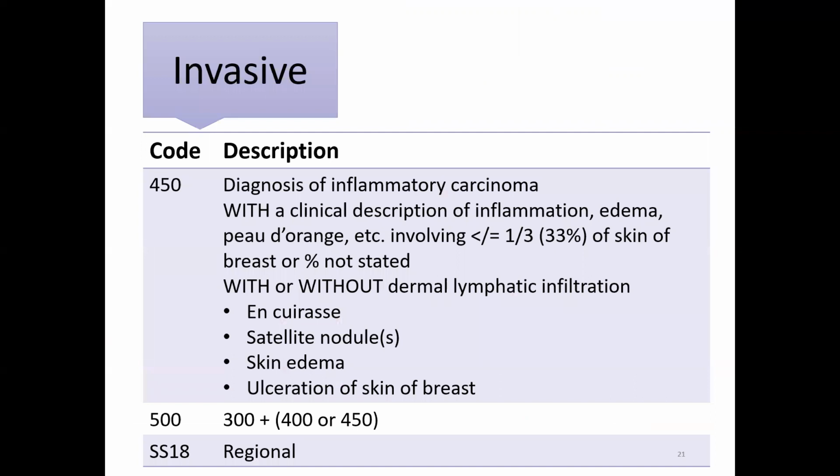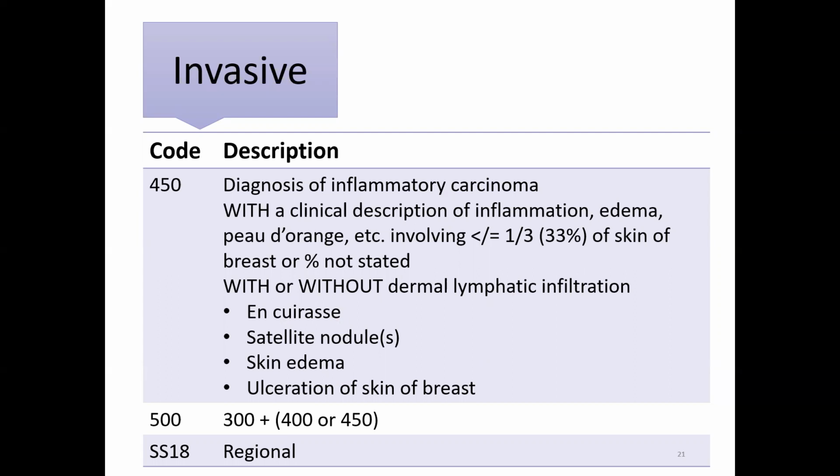So then code 450 starts the diagnosis of inflammatory carcinoma. This is still considered some stage regional. It is a dramatic presentation of METs from the breast to the skin, a cutaneous clue for systemic malignancy. It also means a cancer that involves a considerable portion of the skin.